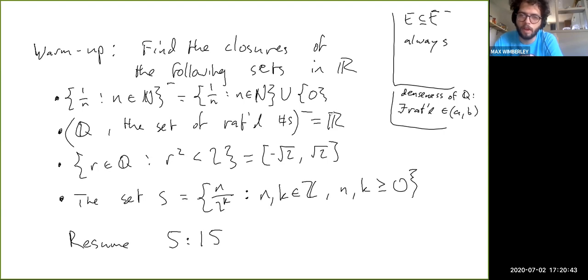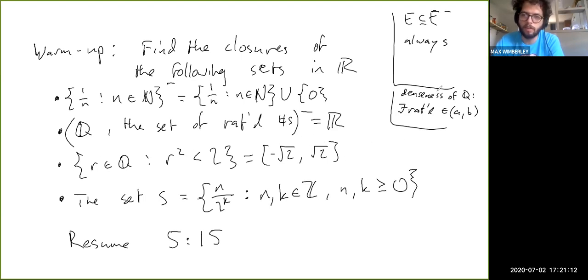So you can take a given real number and take some interval around it, like x minus 1, x plus 1. There exists a rational number in that interval. Okay, x minus 1/2, x plus 1/2, there exists a rational number in that interval. x minus a third, x plus a third, and so on. And just keep picking rational numbers that way, and you'll get a sequence. You can do that for any of these sets. You can do it for this set too, right?